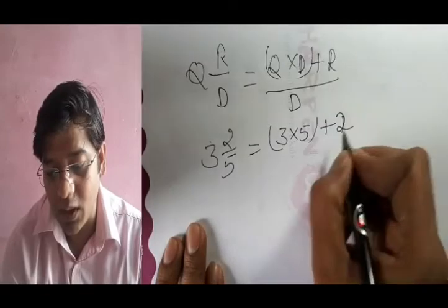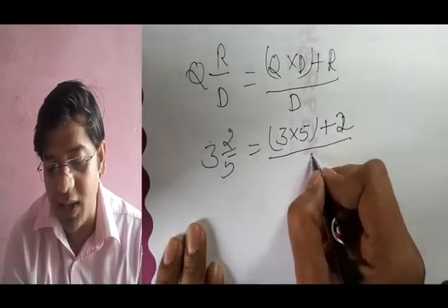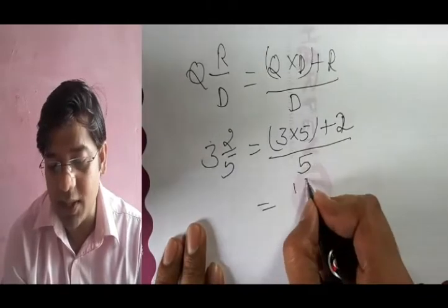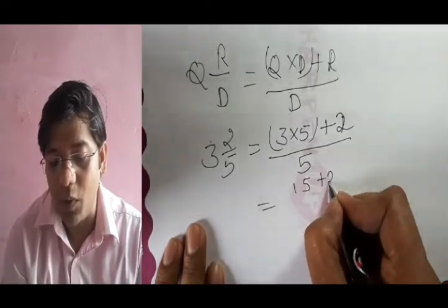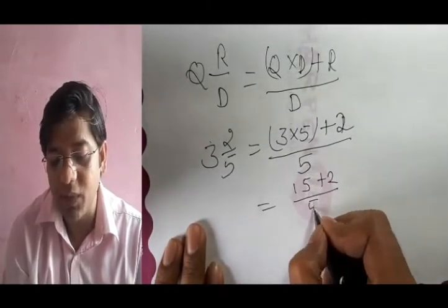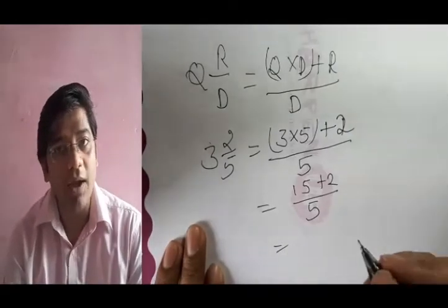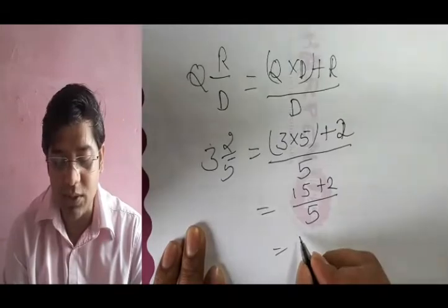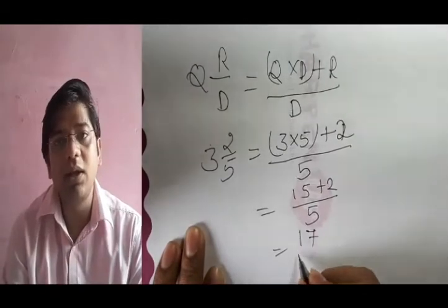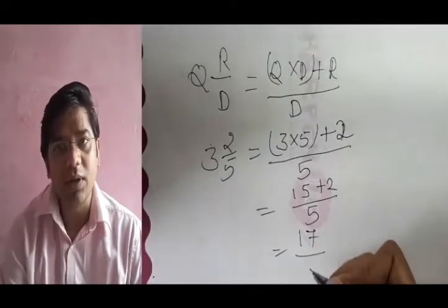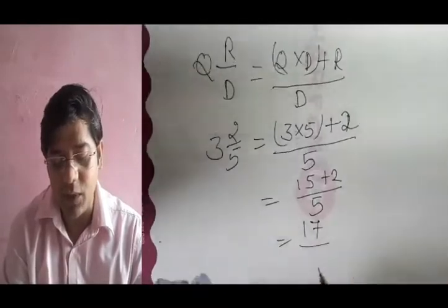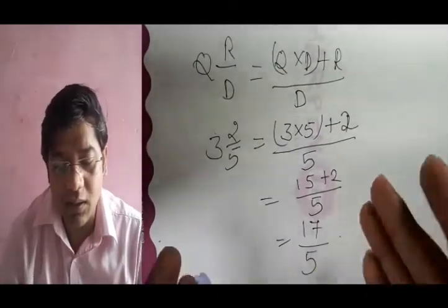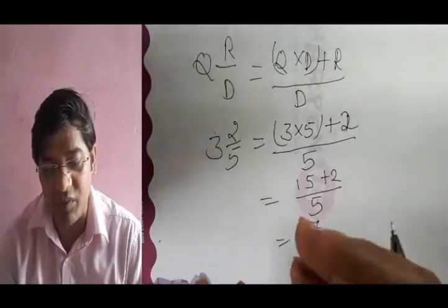It's 2, and 5 will be written as it is. 5 3s are 15, plus 2, upon 5. What is 15 plus 2? It's 17, we know it. And in the denominator what do I have to write? 5, which is the divisor. Okay, so that's how we convert a mixed fraction into an improper fraction.